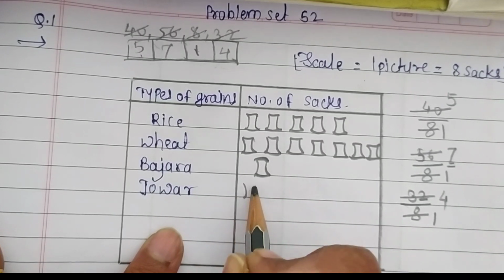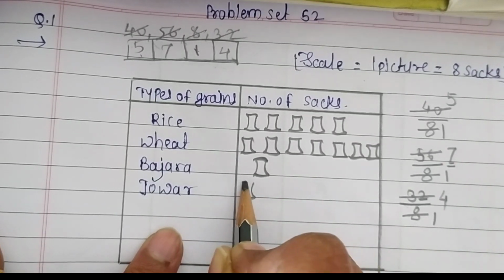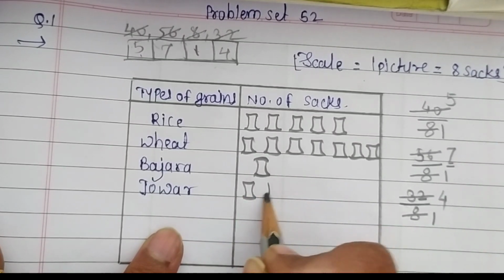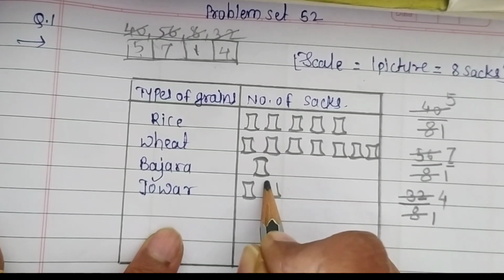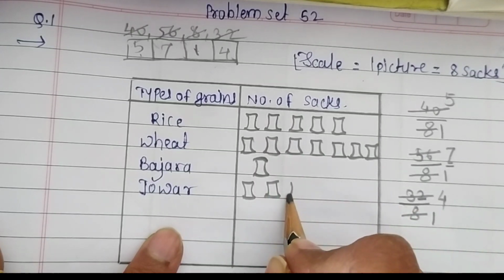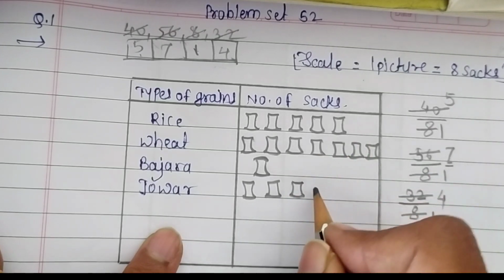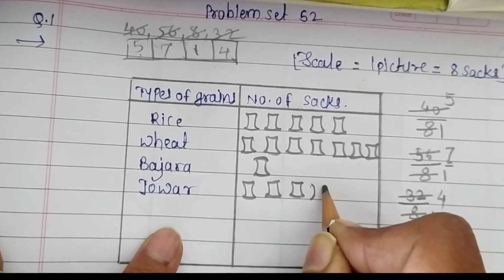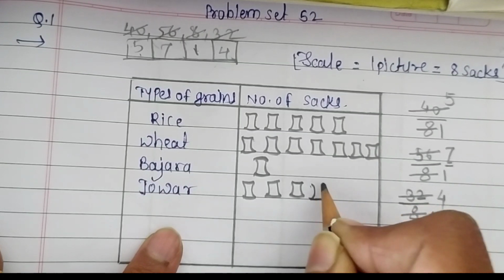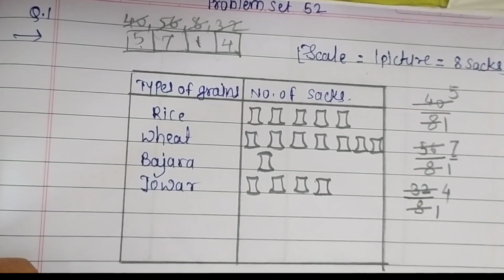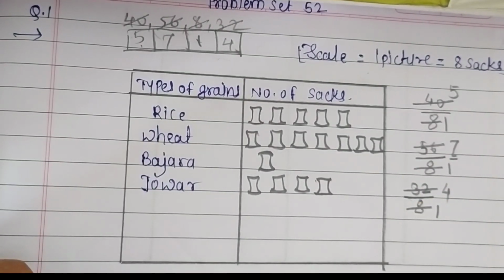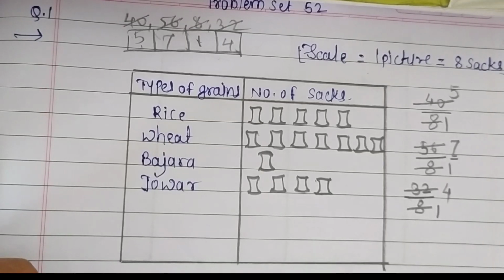So here we are going to draw only 4 pictures. It's easy and convenient to find the factors. So can we draw easily? This is our pictograph for the first question, types of grains and number of sacks.